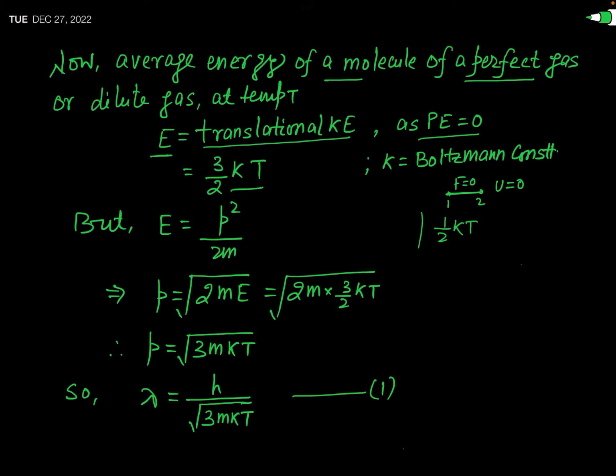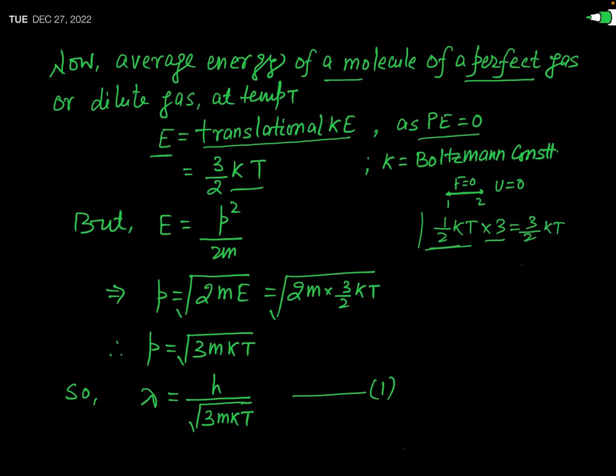This is the law of equipartition of energy, and you have studied this in your course on heat and thermodynamics, that half kT energy is associated with each degree of freedom of a molecule in thermal equilibrium at temperature T. Since the molecule has 3 degrees of freedom, the total energy of a molecule will be half kT times 3, which is simply 3 by 2 kT.